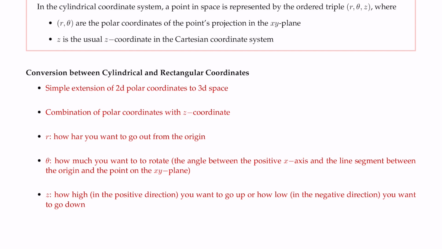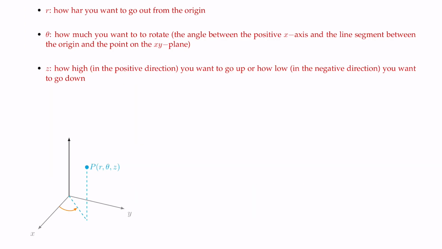The combination of polar coordinates with the z coordinate is presented here in the ordered triple r, theta, and z. The description for r is how far you want to go out from the origin. Theta is how much you want to rotate, or the angle between the positive x-axis and the line segment between the origin and the point on the xy plane.